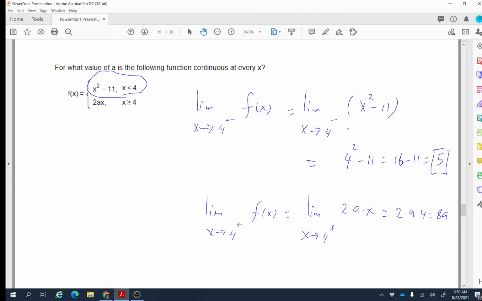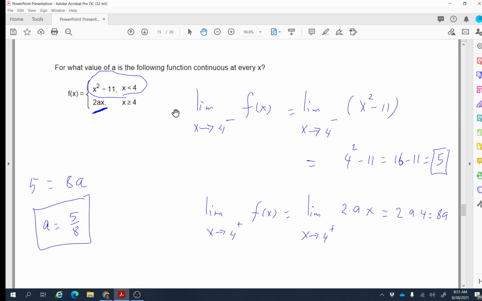So we can say that the left hand limit is 5 and the right hand limit is 8a. If that situation happens, then the limit of the function exists, and that would be equal to the value of the function at 4. The value of the function at 4 can be found here. So if we solve this, then a would be 5 over 8.